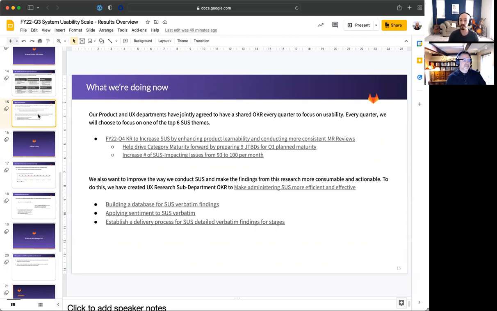And then we have some sub-department KRs around improving how we administer SUS and getting the data out to the teams to make it more actionable. Some of that's around building a database for SUS verbatims. Part of that's adding some machine learning around sentiment analysis for those SUS verbatims, and then establishing a delivery process for those findings to the stages of interest. So really getting those actionable insights to the teams that need them, and we can see if we can move those SUS scores by improving the product.